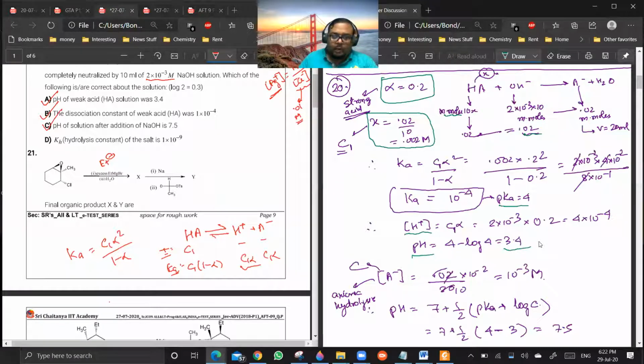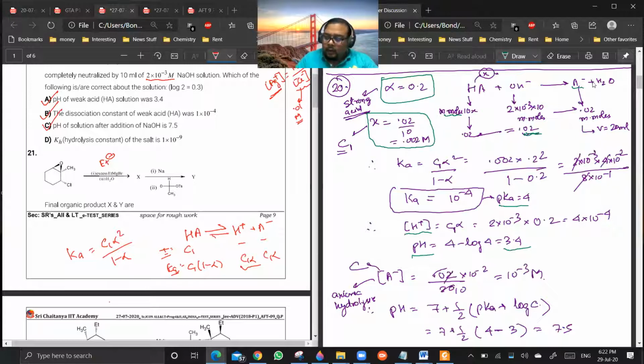Now, you see here we are having 0.02 millimoles of OH minus and 0.02 millimoles of HA. So when the neutralization is taking place, complete neutralization will take place, so none of HA or OH minus will be remaining. You will be having 0.02 millimoles of A minus. This is clear?